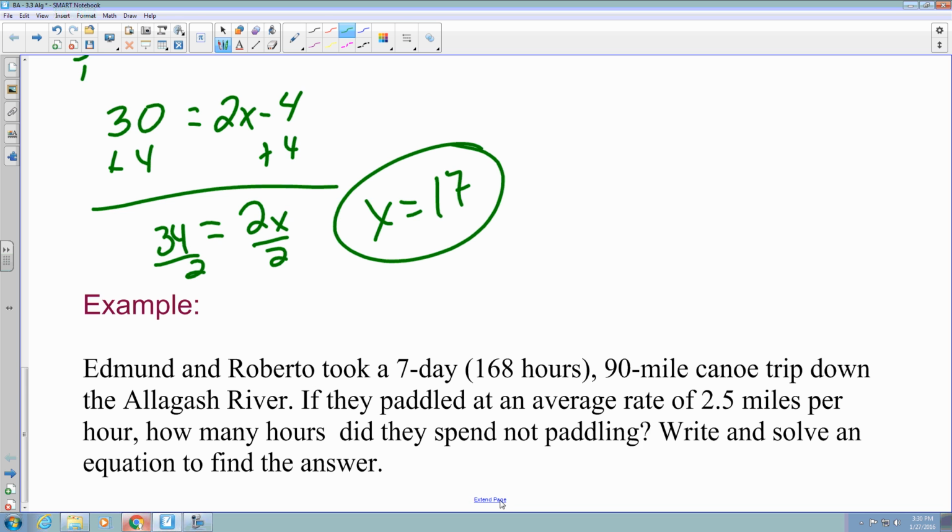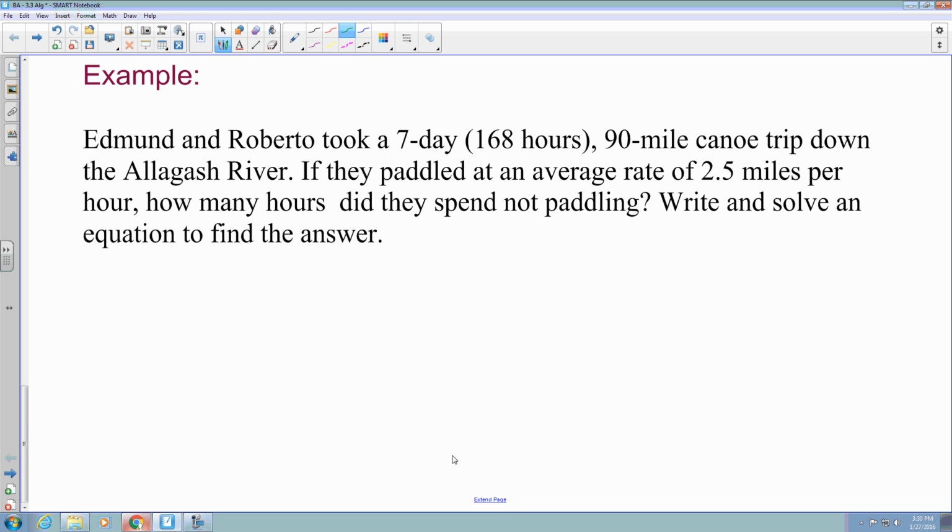So now we have a story problem. Let's take a look and see what it has to say. It says Edmund and Roberto took a 7-day, 168-hour, 90-mile canoe trip down the Alaskan River. If they paddled at an average rate of 2.5 miles per hour, how many hours did they spend not paddling?